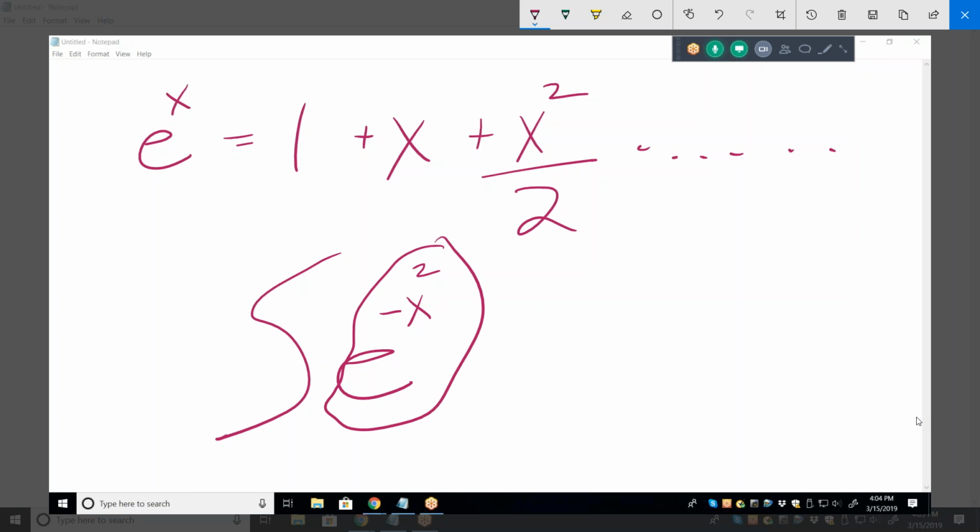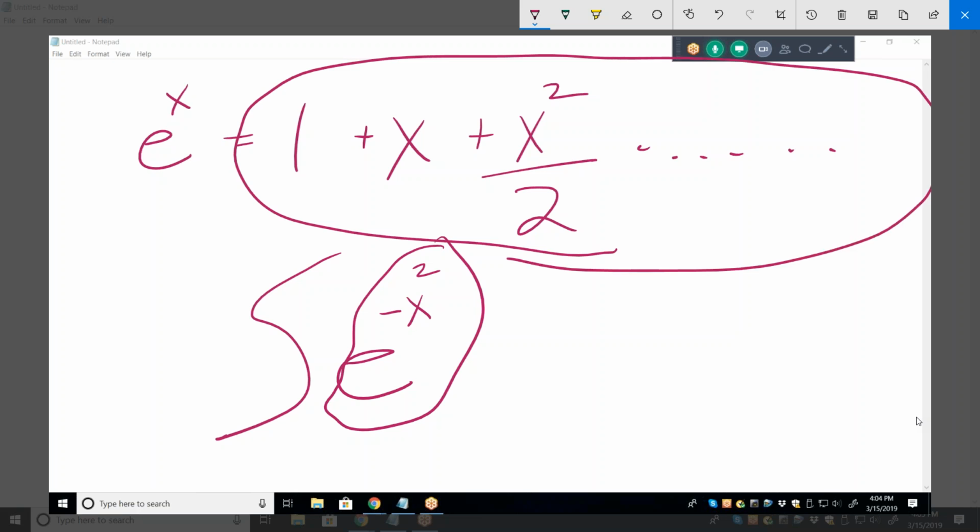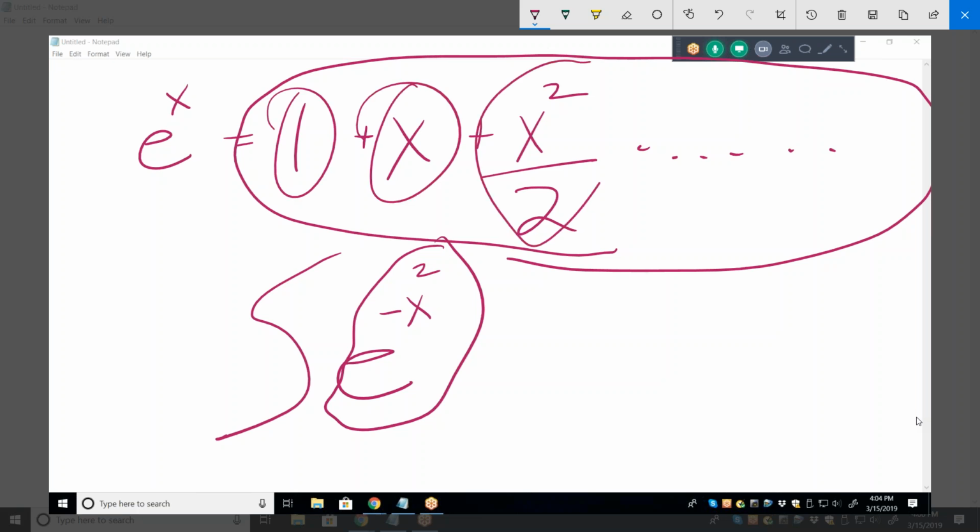Right? If you can't find the antiderivative, how the heck do you integrate it? Well, if we can substitute a polynomial instead of e to the x, well, polynomials are series. In other words, it's this added to this added to this.